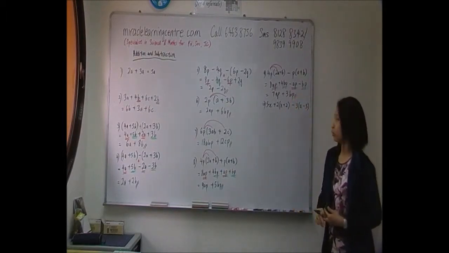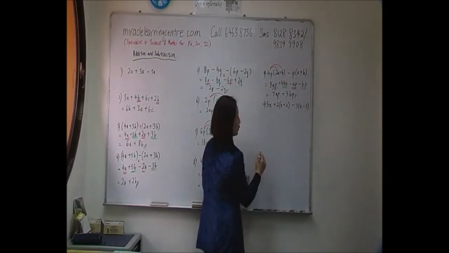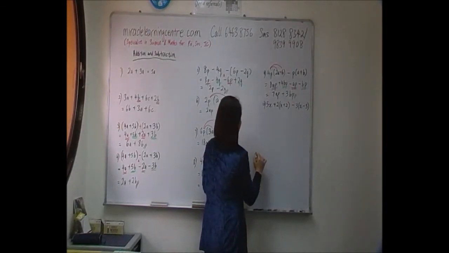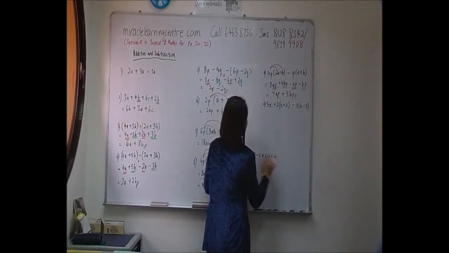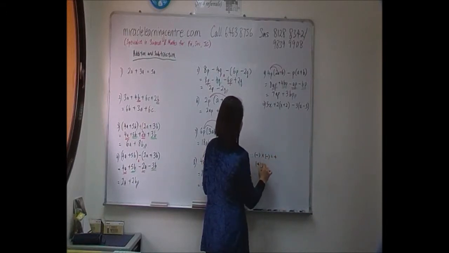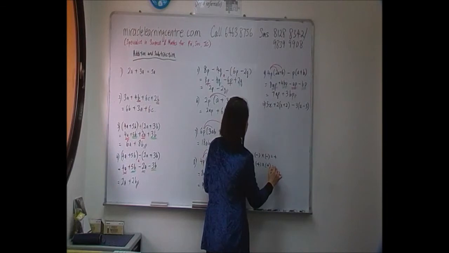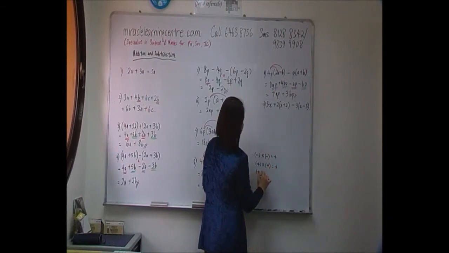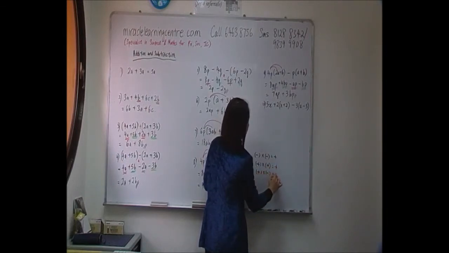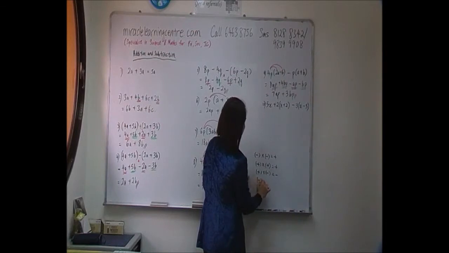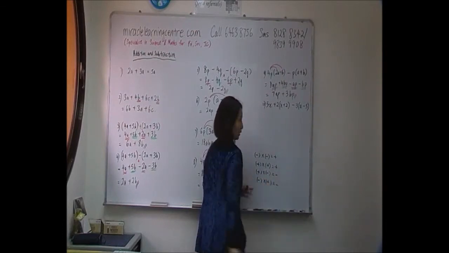For those who are still not sure, you have to recall that negative times negative is actually positive. Positive times positive is also positive. Positive times negative is negative. Negative times positive is also negative.